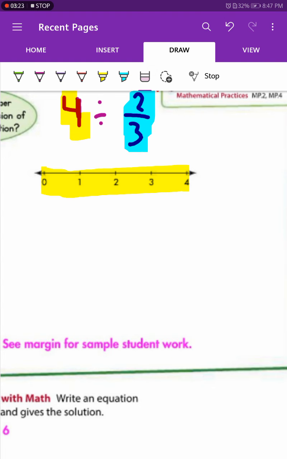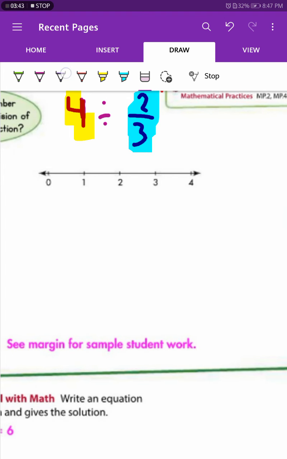What we learned first is that the dividend is the length of the number line, which is 4. Now I have 0, 1, 2, 3, 4. From 0 to 1 is one whole, from 1 to 2 is one whole, from 2 to 3 is one whole, and from 3 to 4 is one whole.